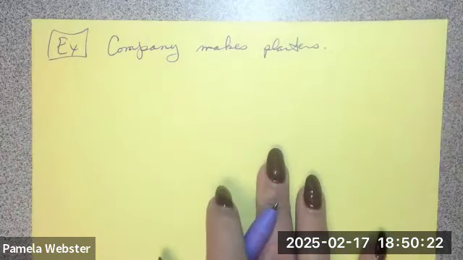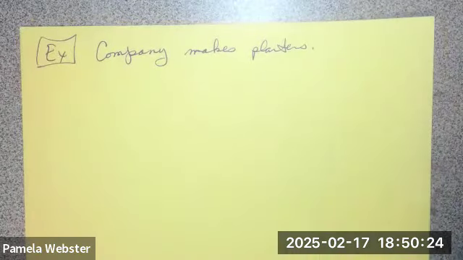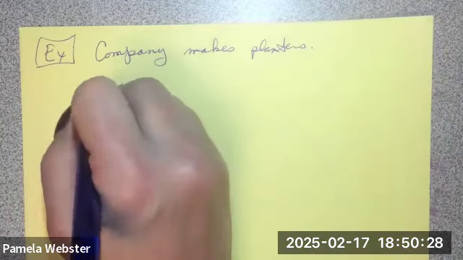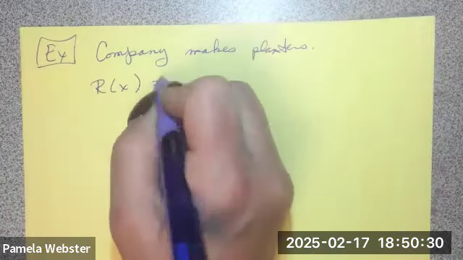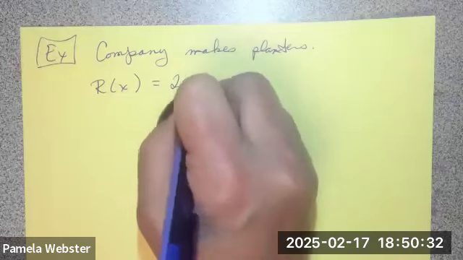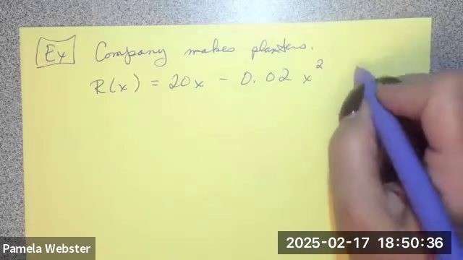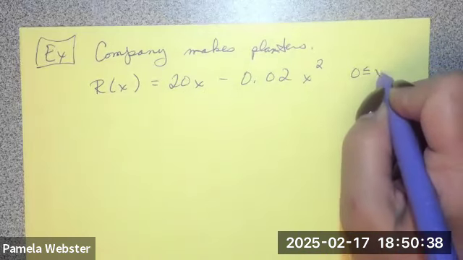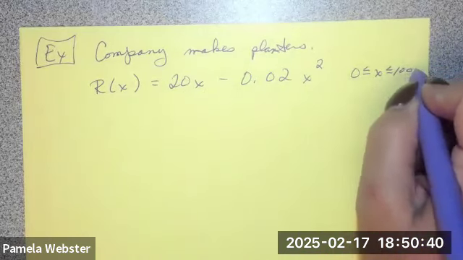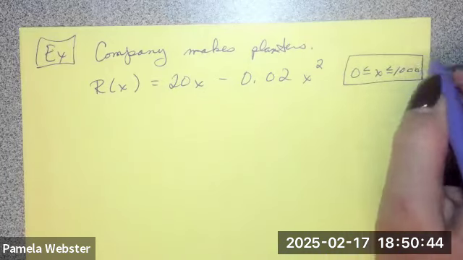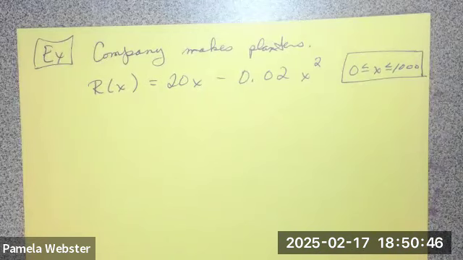And somebody in the back office is paid to figure out their revenue function. So they come up with this function: R of x equals 20x minus 0.02x squared, and they tell you 0 is less than or equal to x is less than or equal to 1,000. And that would be units or planters that we are able to sell, right?